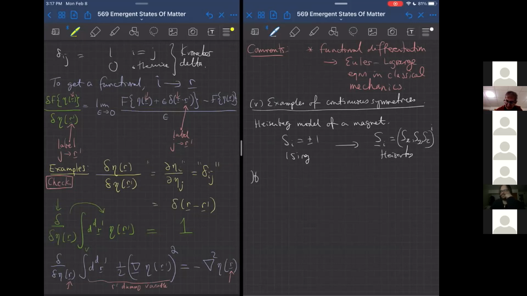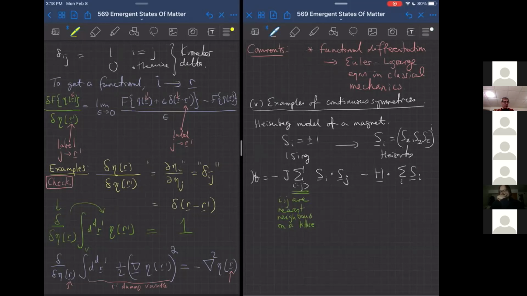So the Hamiltonian for the system would be minus J, the sum over i and j, and by the way, when I write down this symbol here, this means i and j are nearest neighbors on the lattice, and then the dot product of these vectors, and then the dot product of the external magnetic field with the magnetization.